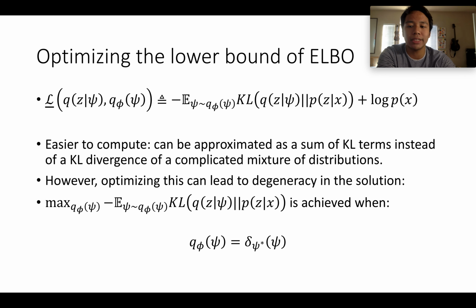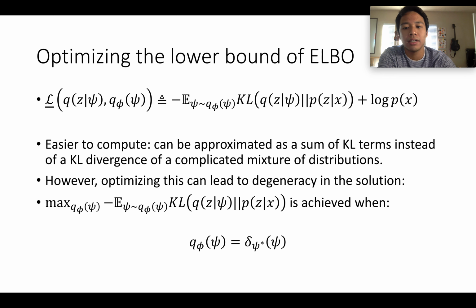As mentioned previously, this is easier to compute as it can be approximated by a sum of KL terms instead of a KL divergence of a complicated mixture of distributions. However, with this approximation, the optimal solution of q phi psi is merely a point mass at the optimal psi.